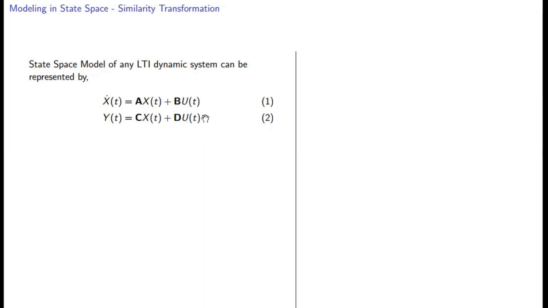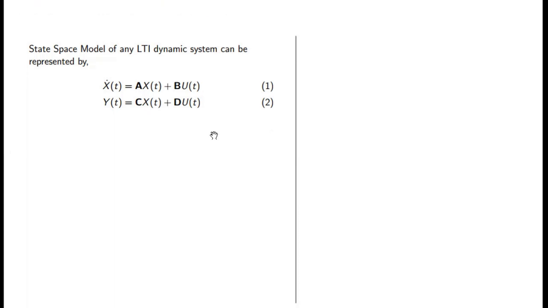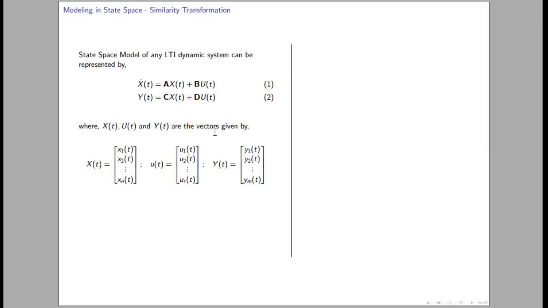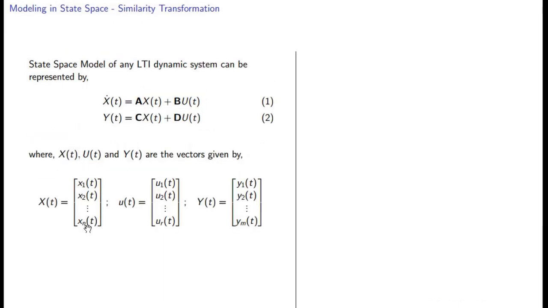I think you should be well aware that x(t), u(t) and y(t) are all vectors, where x(t) contains n elements arranged as a column vector, because it contains n state variables, and u will have r input variables, and y will have m output variables. So all these x(t), u(t) and y(t) are vectors.